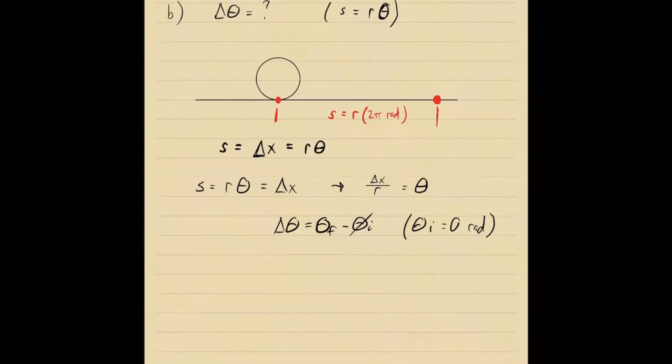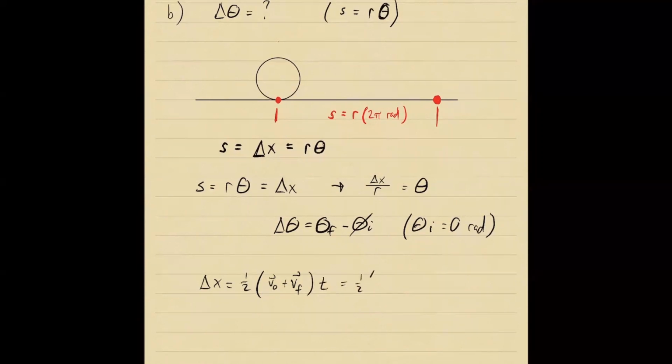So let's figure out how far this bike actually travels. So delta x is 1/2 times the initial velocity of the bike plus the final velocity of the bike times the elapsed time.